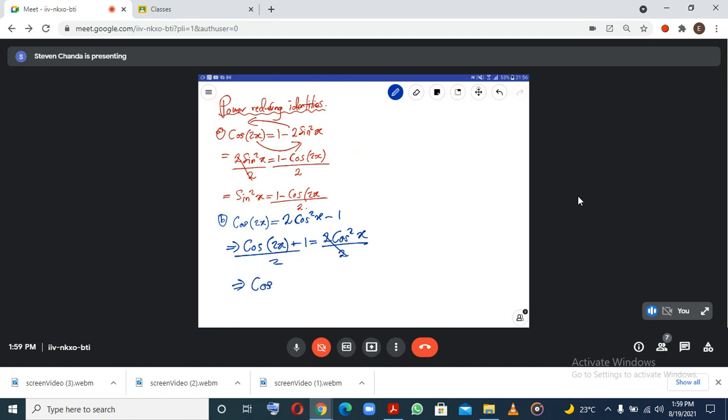Okay. So perhaps you may be wondering why I didn't just drop these equations to you and then we start solving. Well, when I just drop them to you, they tend to be a little bit more confusing than when we go through them together. So those are your power reducing identities.